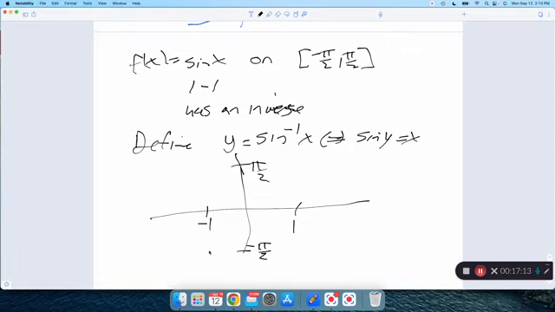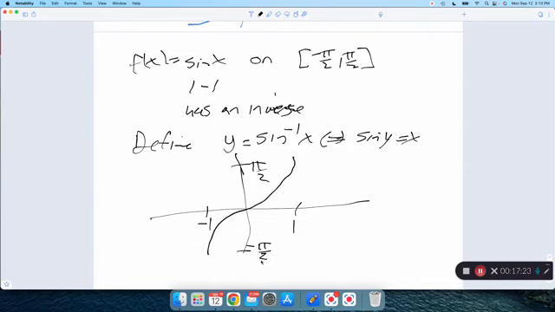Or a better picture of it, it goes more like this. Oh, that's not cooperating. There's what it looks like. That's inverse sine, also known as arc sine of x. That's just a fancy name for saying inverse sine.